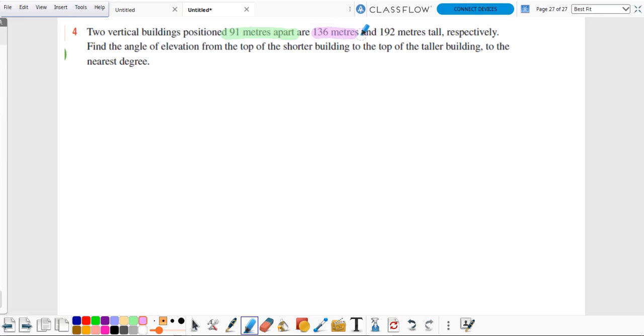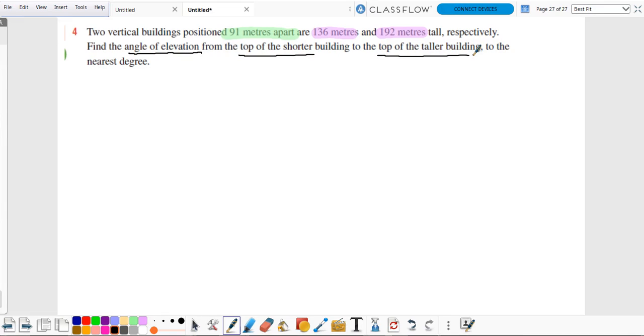One is 136, the other is 192. Other keywords there. What is the angle of elevation? Okay, I'll underline that one. Elevation, that one there, it's from the top of the shorter to the top of the taller.